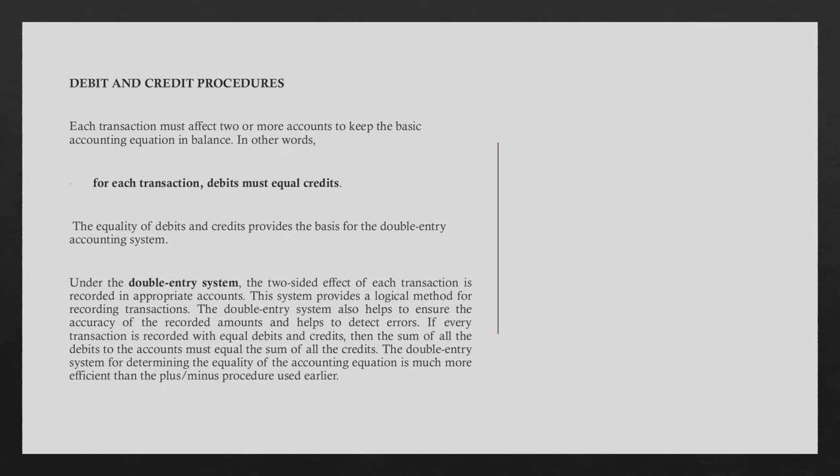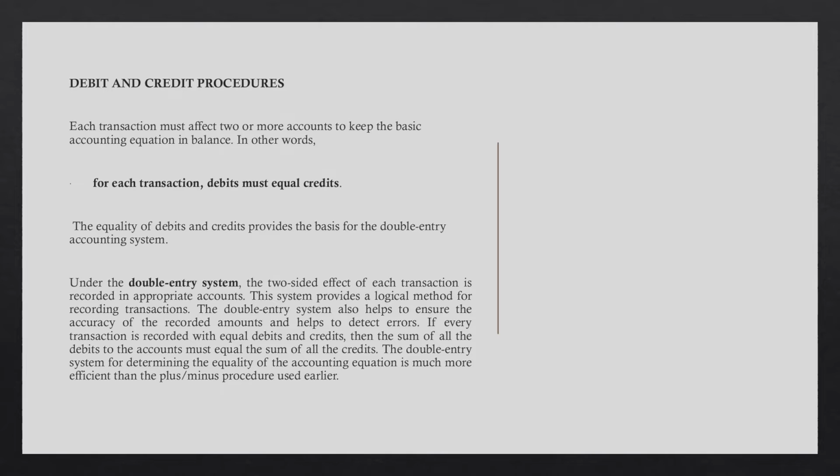Under the double-entry system, the two-sided effects of the transaction are recorded in the appropriate accounts. This system provides a logical method for recording transactions. The double-entry system also helps to ensure the accuracy of the recorded amounts and helps to detect errors.